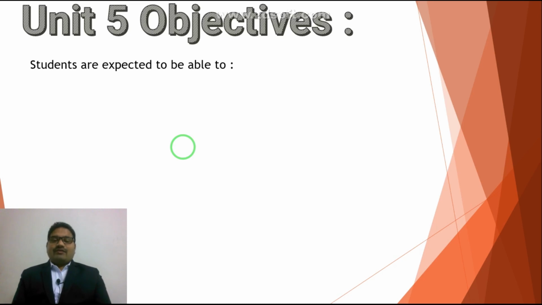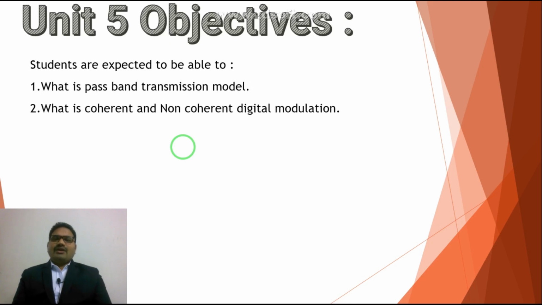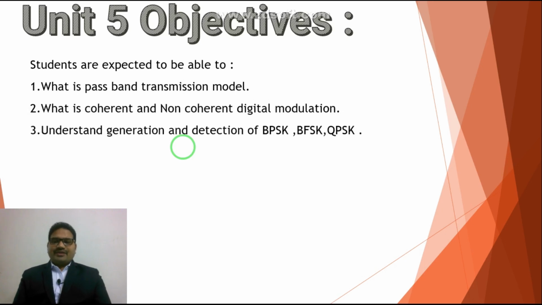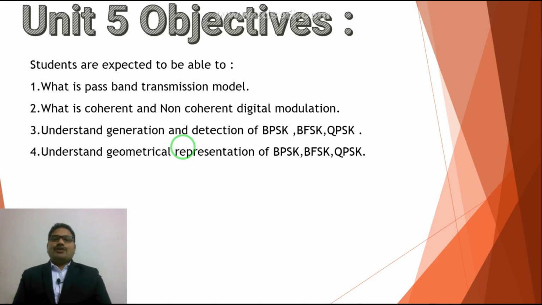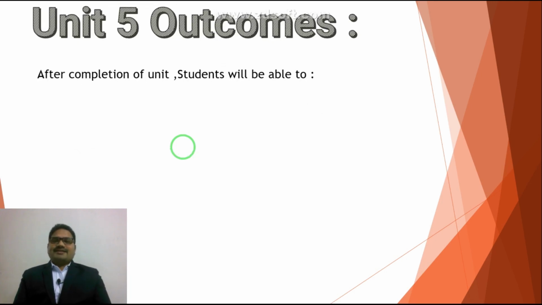So what are the objectives of this unit? We expect the students to be able to understand the passband transmission model, then coherent and non-coherent digital modulation techniques, the generation and detection of BPSK, their geometrical representation, and then M-ary PSK and QAM. Along with BPSK, we are also going to study BFSK and QPSK.